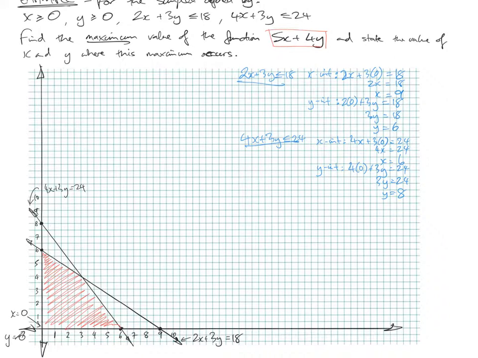So I've coloured in red the feasible region. Our feasible solutions are every whole grid line, but the grid lines are every 2 squares on this grid.